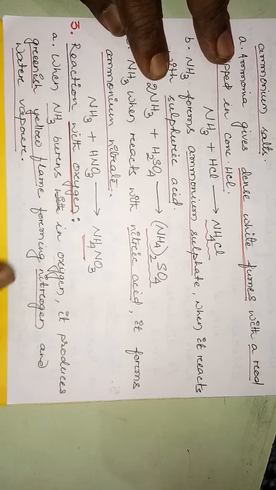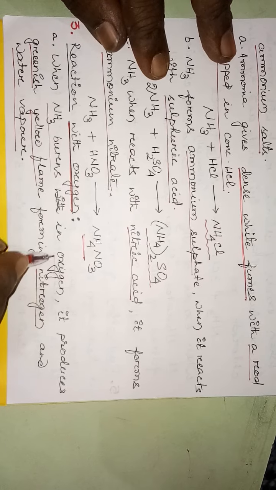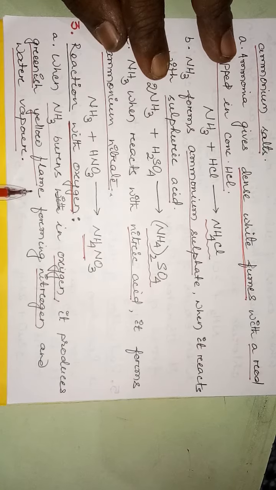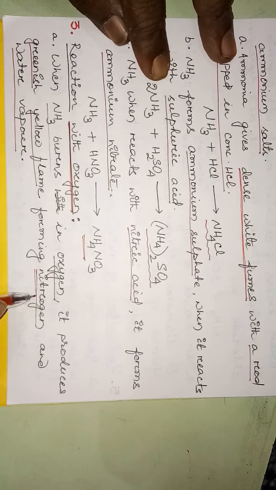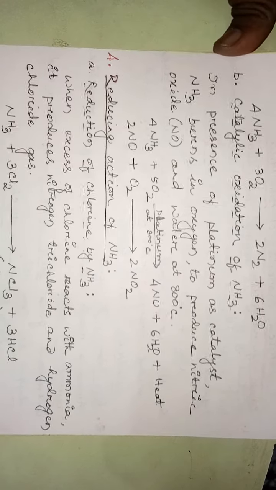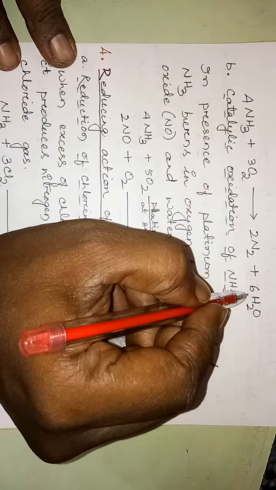So when a sufficient supply of oxygen is there, ammonia burns to produce a greenish yellow flame, forming nitrogen and water vapor. The reaction is 4NH3 plus 3O2 gives 2N2 plus 6H2O.